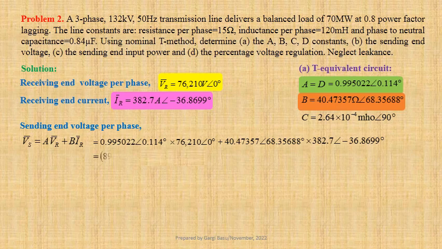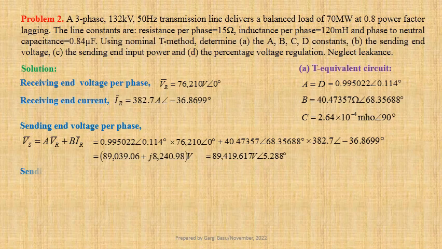That gives us 89,039.06 plus j times 8,240.98 volt. This may be written in polar form as 89,419.617 volt at an angle 5.288 degree.